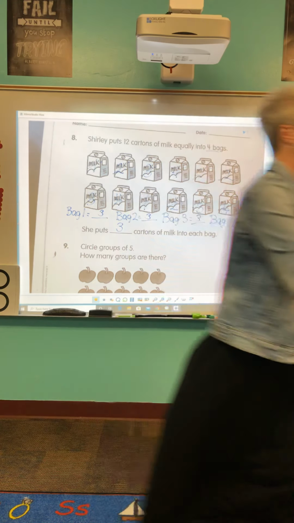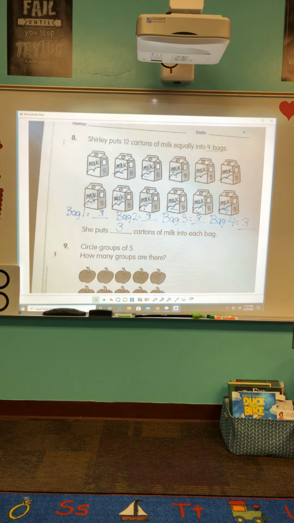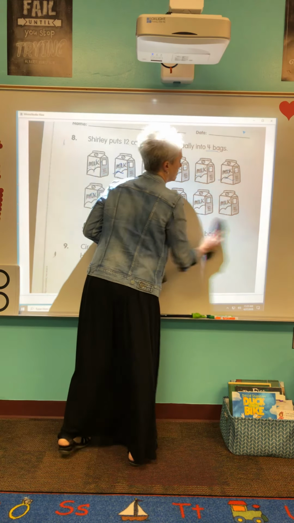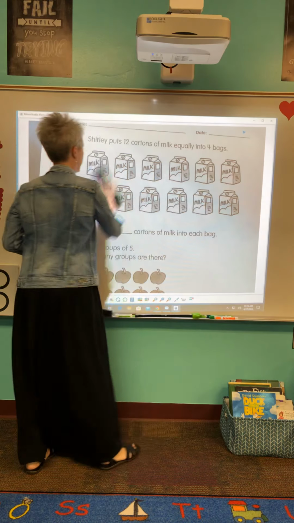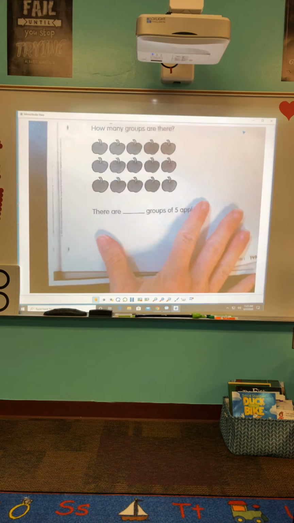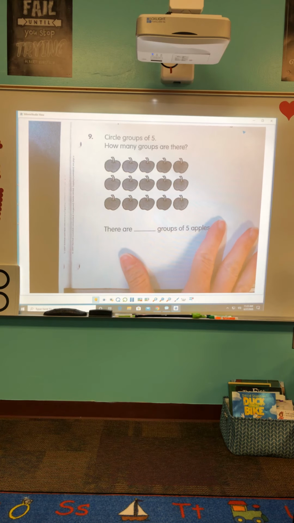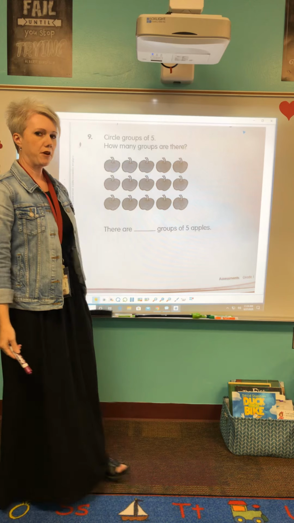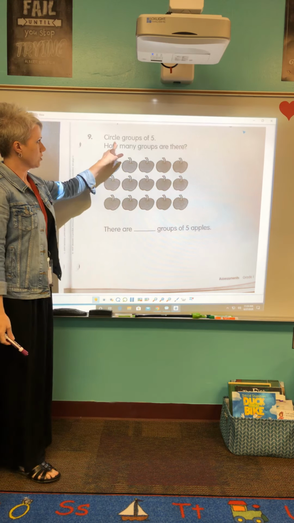It's not working well. All right, number 9. Let me slide my paper up here. Number 9. Circle groups of 5. How many groups are there? Do that one all by yourself. Circle groups of 5.